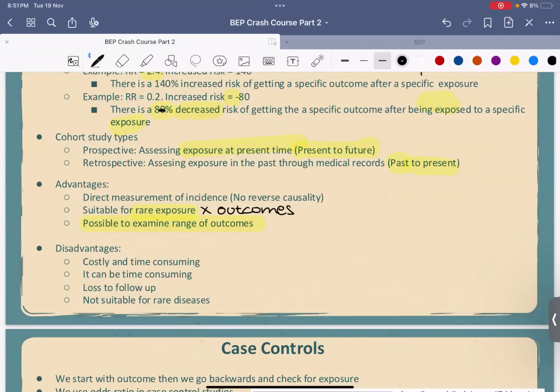If I take these 100 people with this exposure and none of them have this rare outcome, does that mean this exposure is not associated with the outcome? It doesn't mean this, because I didn't get this outcome because it's rare. Maybe it's not associated, but maybe it's rare. That's why I didn't get it. So it's not suitable for rare outcomes, but it's very suitable for rare exposure. Okay.